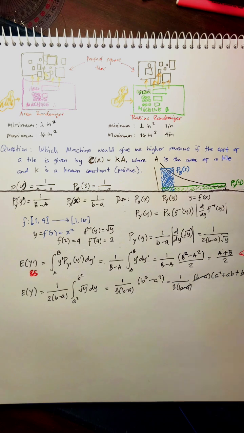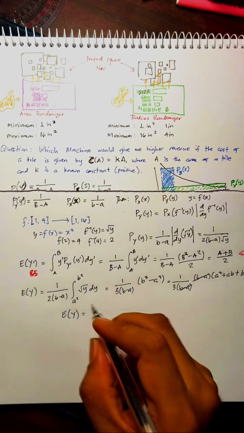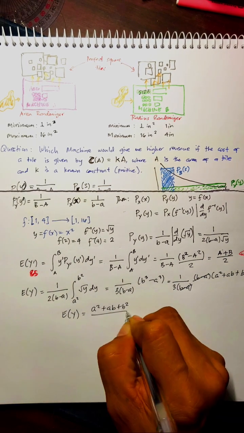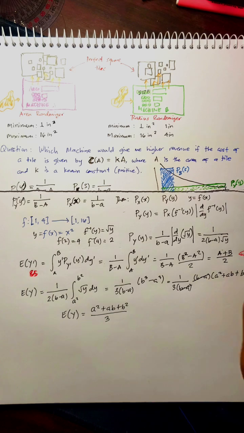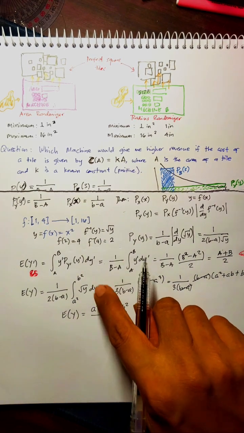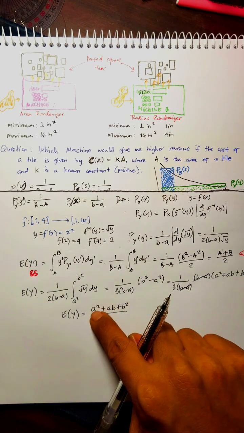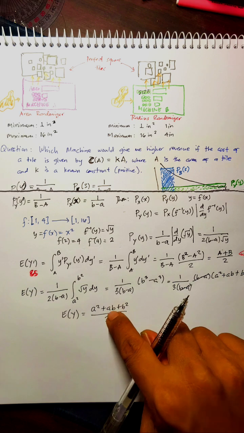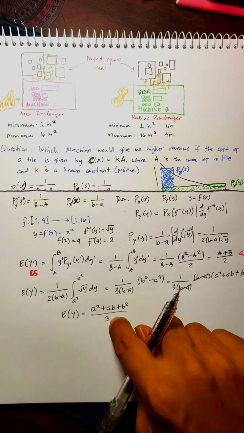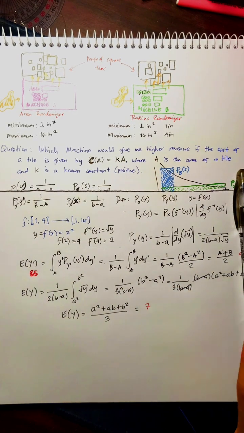And the (b minus a) will cancel out, so our E of Y will just be equal to (a squared plus ab plus b squared) over 3. Now, since our a is 1 and our b is 4, that would be 1 plus 1 times 4 is 4, that's 5, plus b squared, that's 16. 16 plus 5 is 21 over 3. This would be equal to 7.